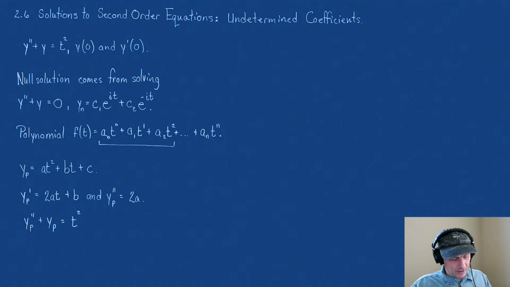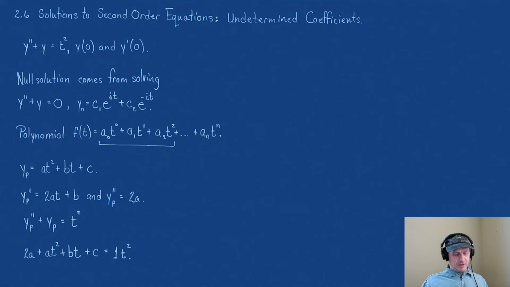So y particular double prime is 2a plus y particular, which is a t squared plus b times t plus c, and this has to equal 1 t squared.